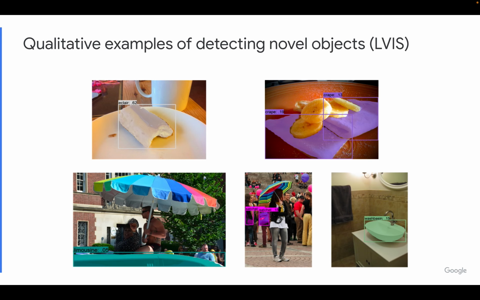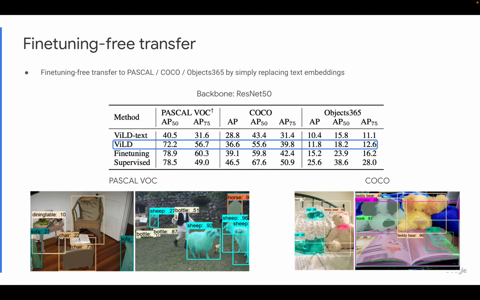And here we show some qualitative examples of the detected novel objects. We find not only is the classification correct, the masks also have high quality in general. And besides the performance on the novel categories, WILD can also do fine-tuning-free transfer.